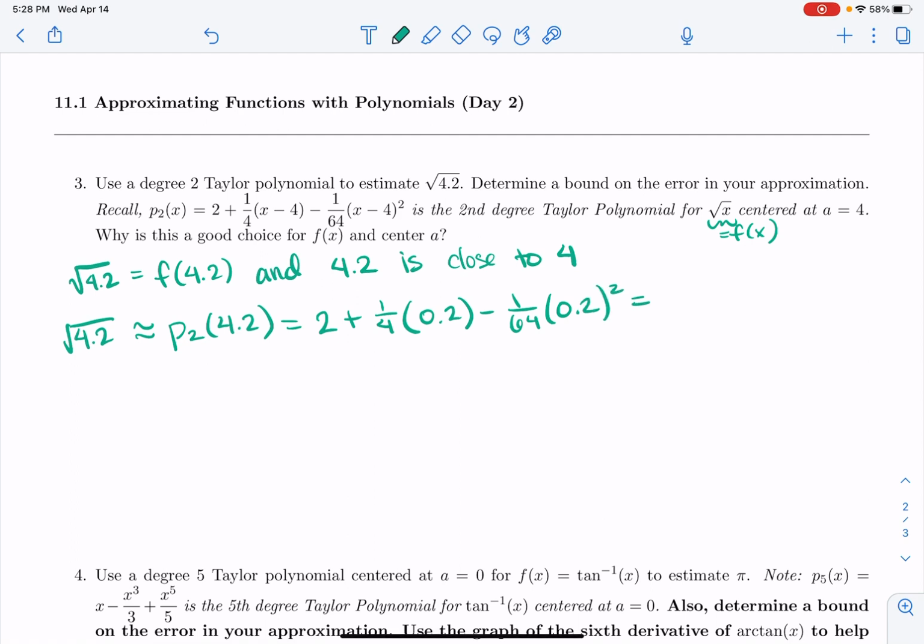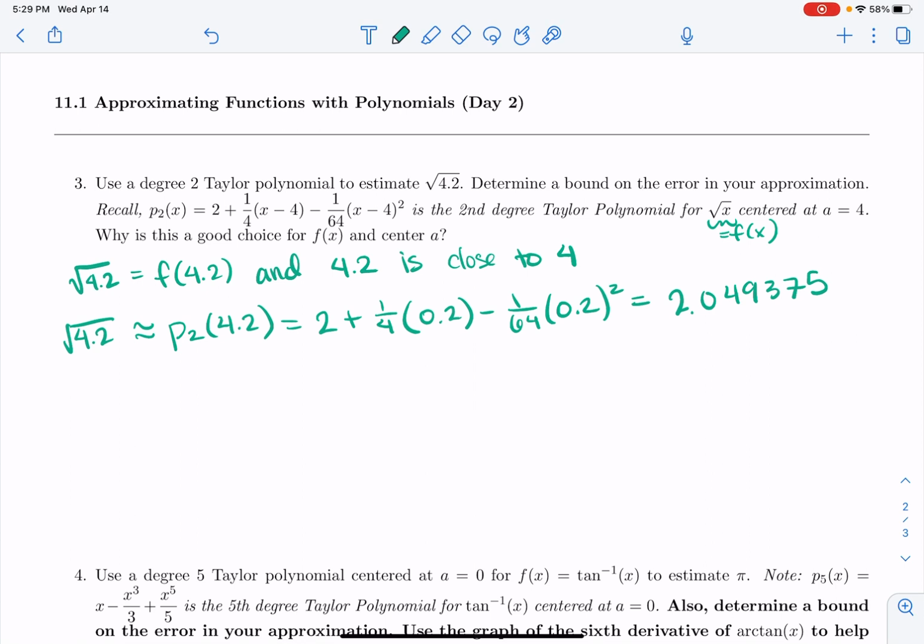And we can plug that into our calculator. 2 plus 1/4 times 0.2 minus 1/64 times 0.2 squared. And I get 2.049375.